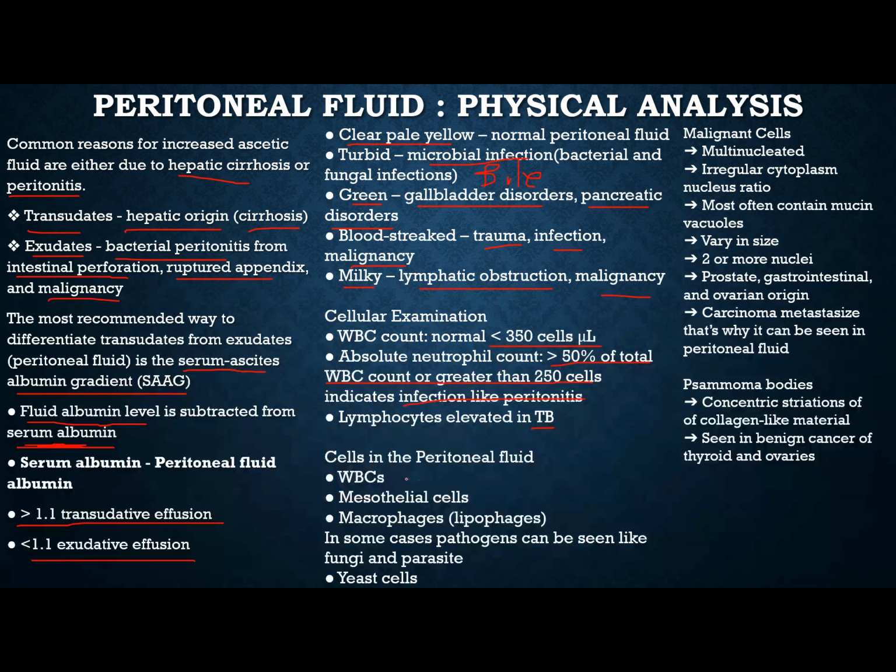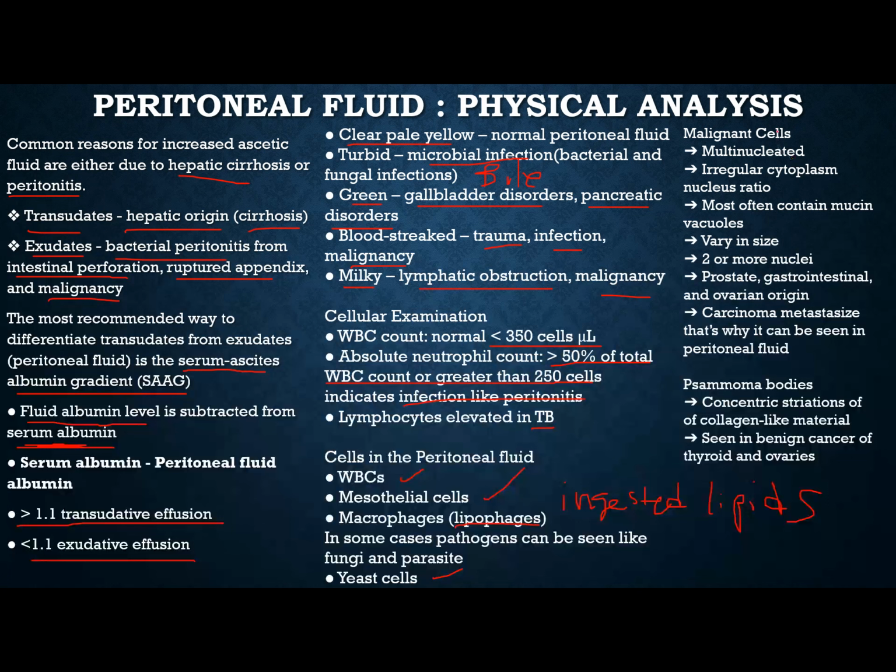Then we have your cells in the peritoneal fluid. So you would find WBCs, mesothelial cells, macrophages, specifically the lipophages. So kapag lipophages siya, these are macrophages that have ingested lipids. In some cases, pathogens can be seen like fungi and parasites, yeast cells also.